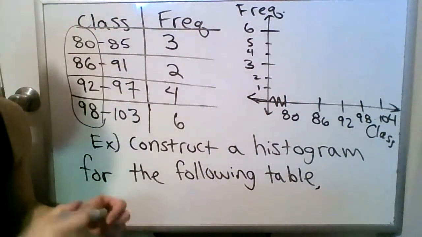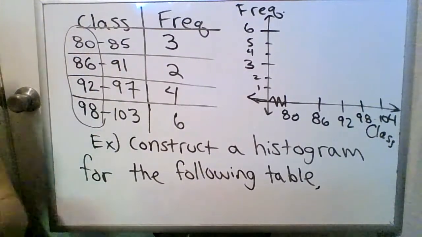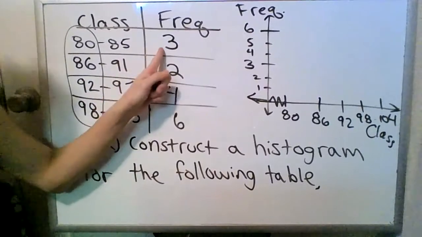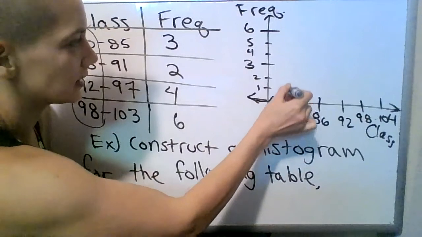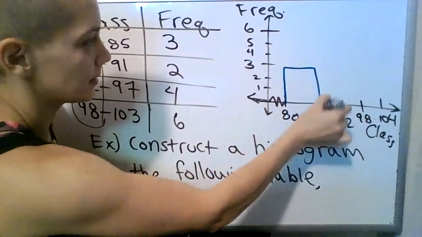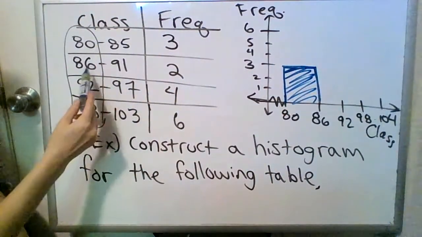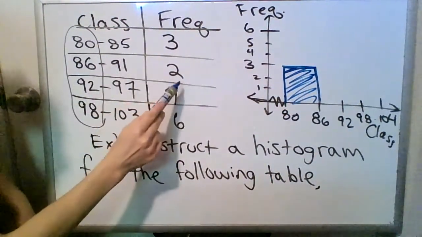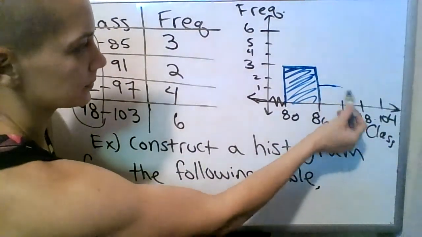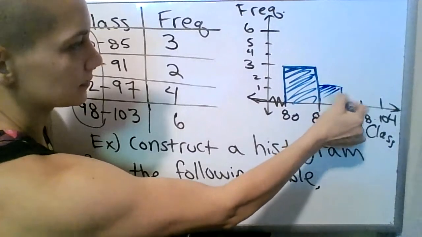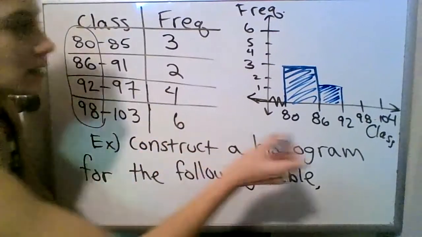Okay, so in a histogram, your bars touch. And we're going to go from class to class. First one has a height of 3. So from 80 to 86. Then the next class has height 2. Now we're at a height of 4 for the third class.